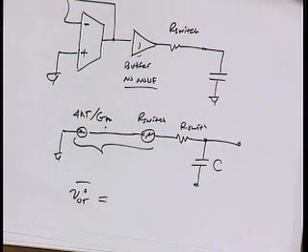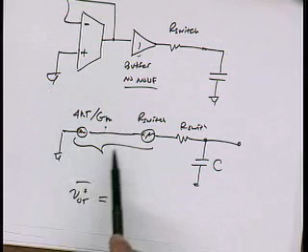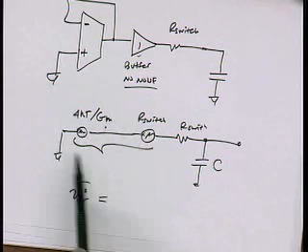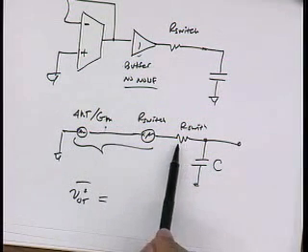Well, remember, when we got the result kT over C, we got it because the noise bandwidth canceled out the amount of noise being generated, right? So the R term went away. If I generate noise with resistance R, and R also sets the bandwidth, then R drops out and we get kT over C. But here in this circuit, you can see that actually I'm generating more noise than just the resistor.